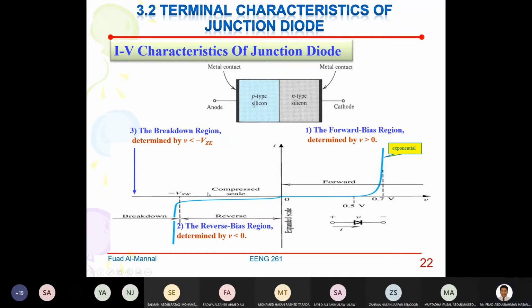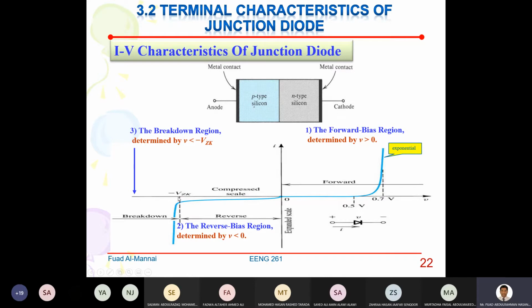How do we know? The manufacturer, when you look at the spec sheet or data sheet, will say VZK, which they call the Zener breakdown. He will put a value here for it.